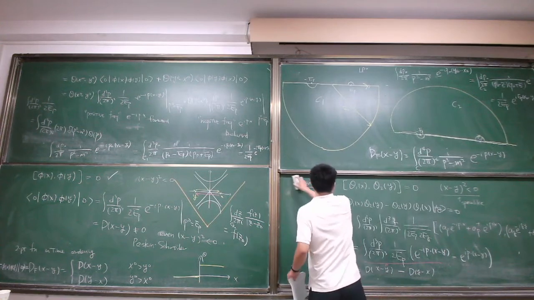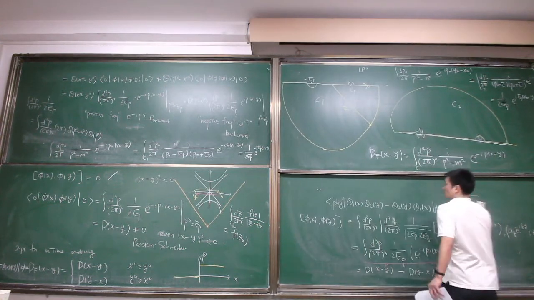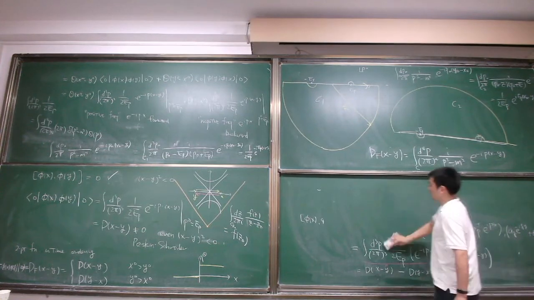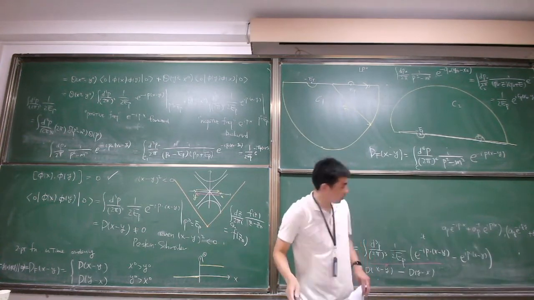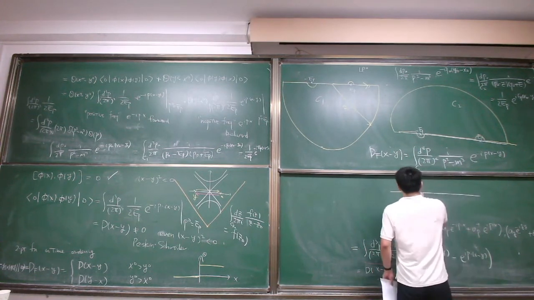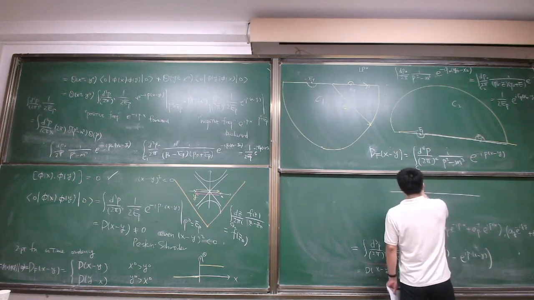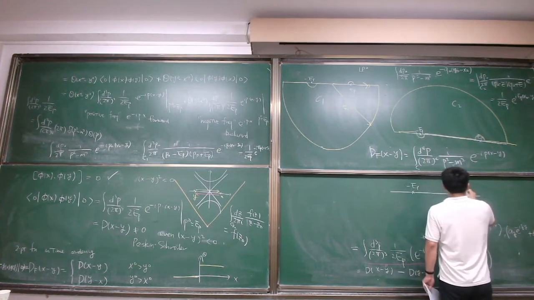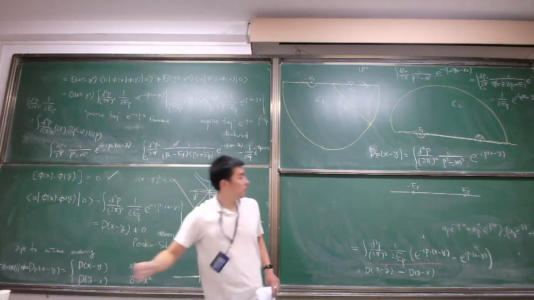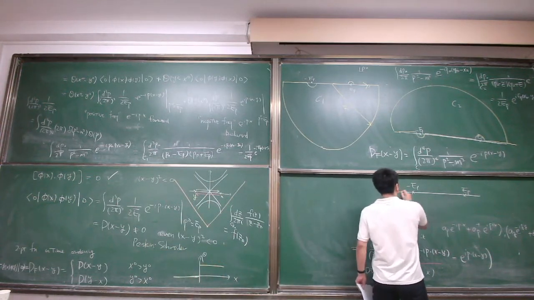Unfortunately, time is almost over. If I don't make a mistake, C can be something like this one, between minus EP and EP.